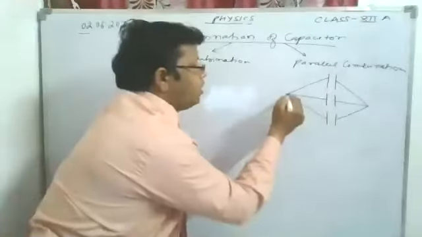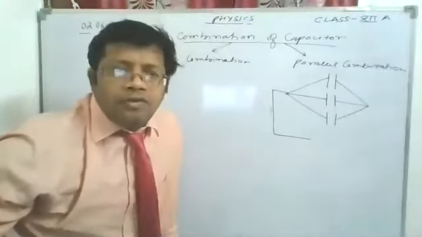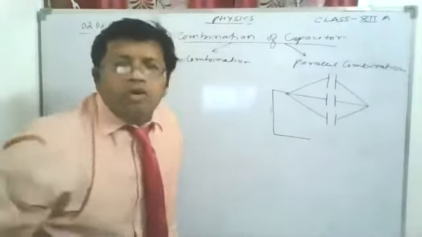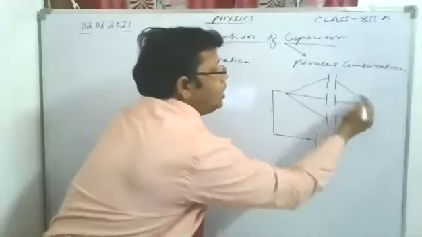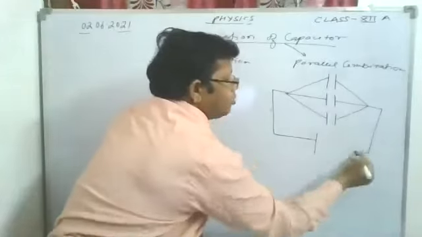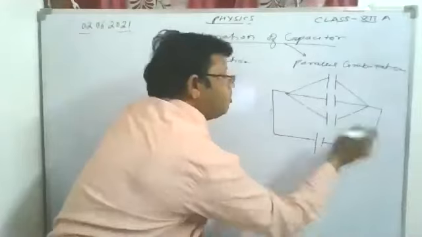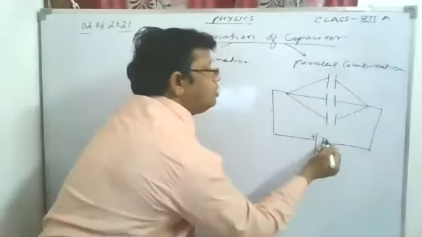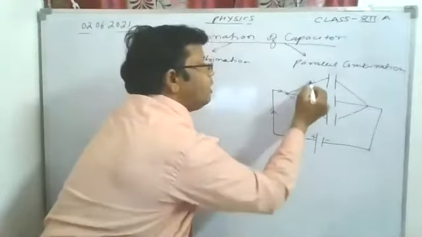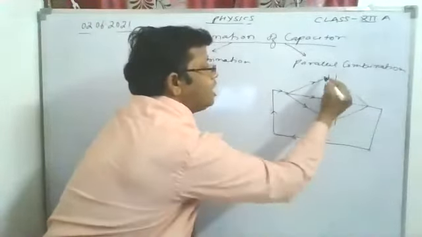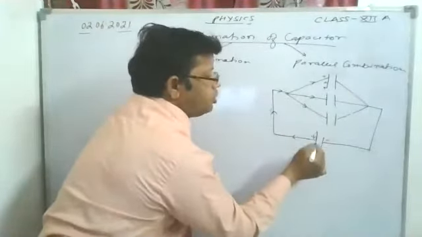So this end is connected with the positive terminal of the battery, and this whole side is the negative terminal, connected with the negative terminal of the battery. It will supply charge, and positive charge will deposit on the positive plate.